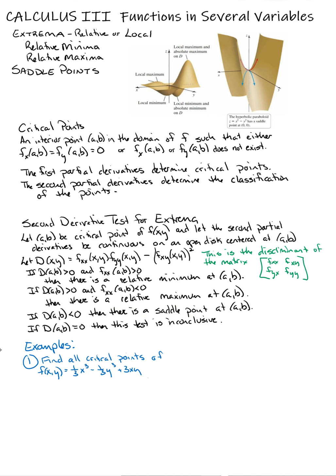All right, so again, we're just finding critical points, so we'll need the first partial derivative with respect to x, which is x squared plus 3y, and the first partial derivative with respect to y, which is negative y squared plus 3x.